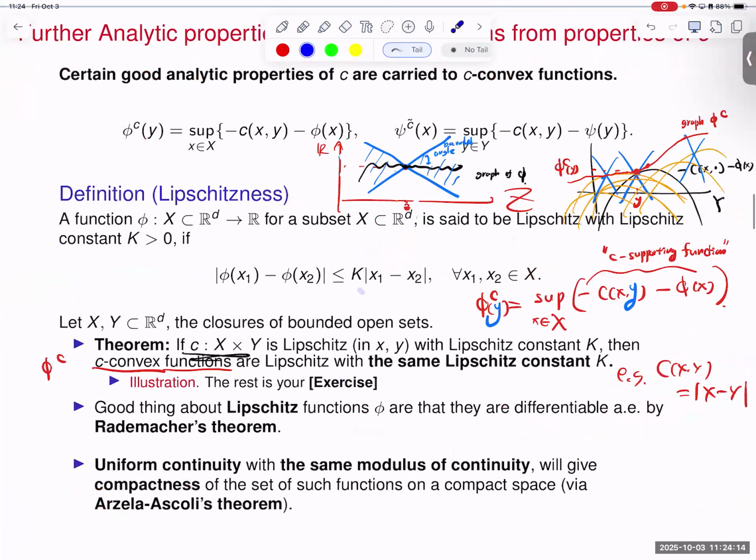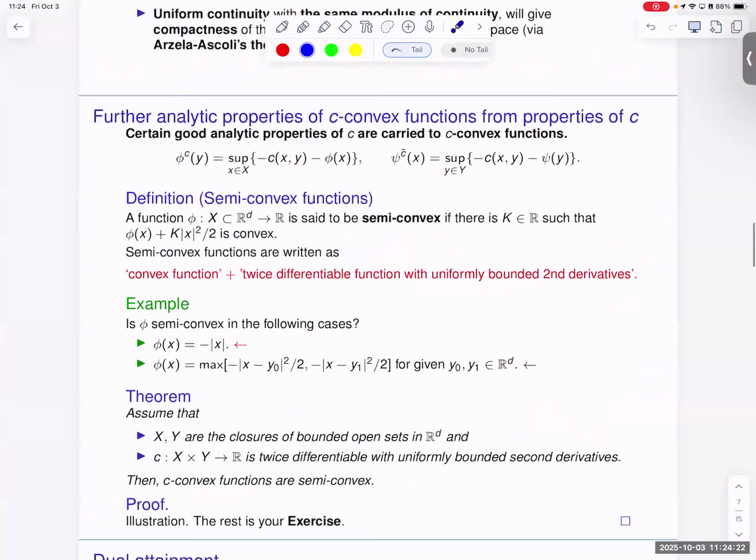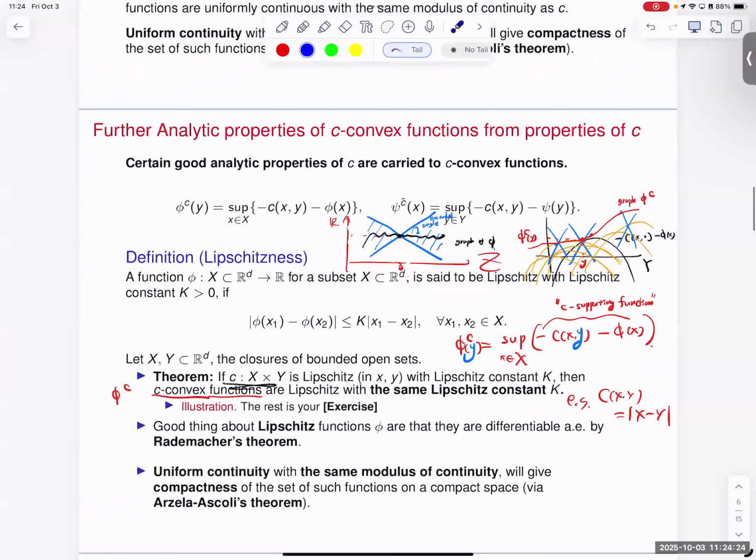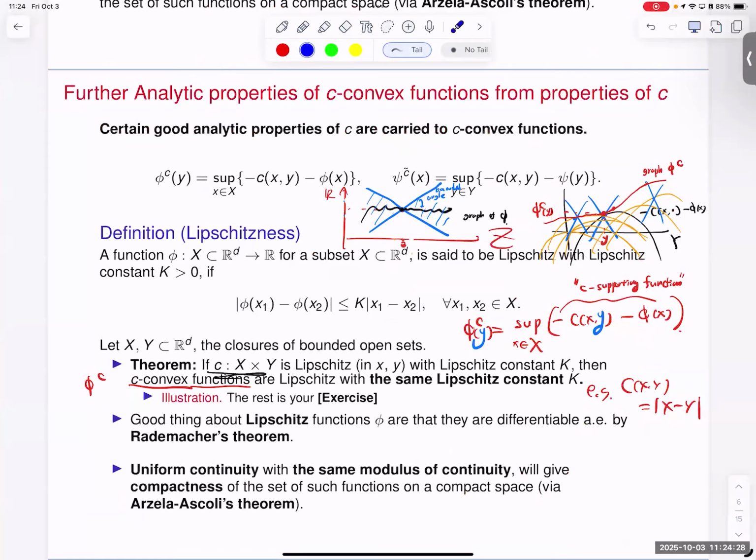Okay, so you can apply the Arzelà-Ascoli theorem for Lipschitz functions as long as you have boundedness. Right? Okay. One more thing about, maybe any other question about this Lipschitzness of C-convex functions when the cost function C is Lipschitz, from the Zoom? Any question?